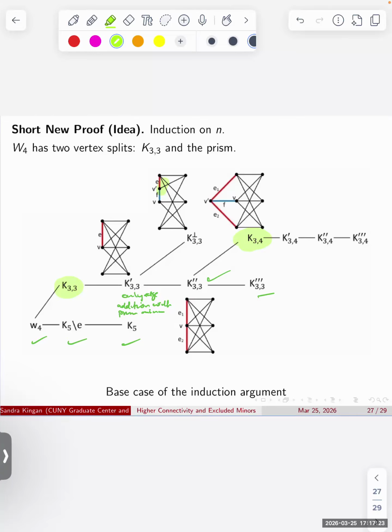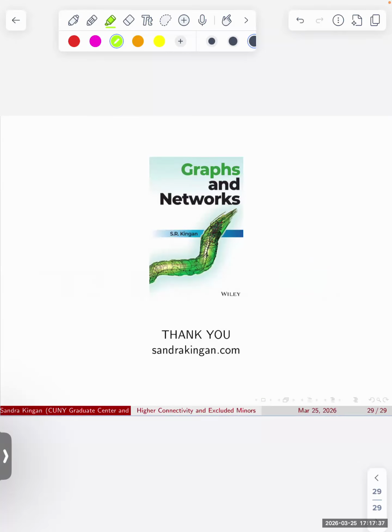And it's all encapsulated in this figure. Getting this graph, among all the possibilities, you can just zero in on this by the strong splitter theorem. And this is a good place to stop. Thank you very much.